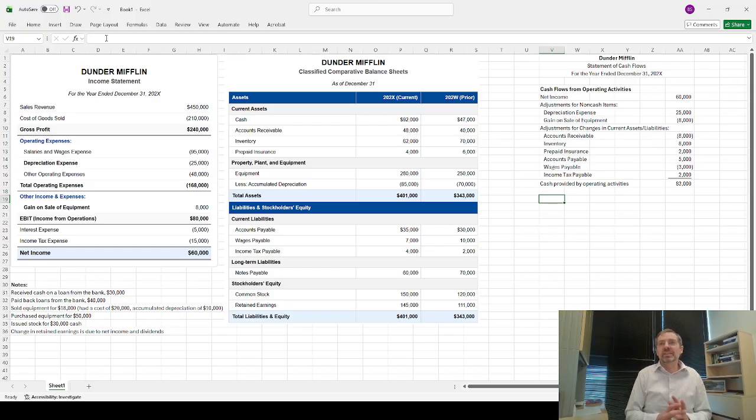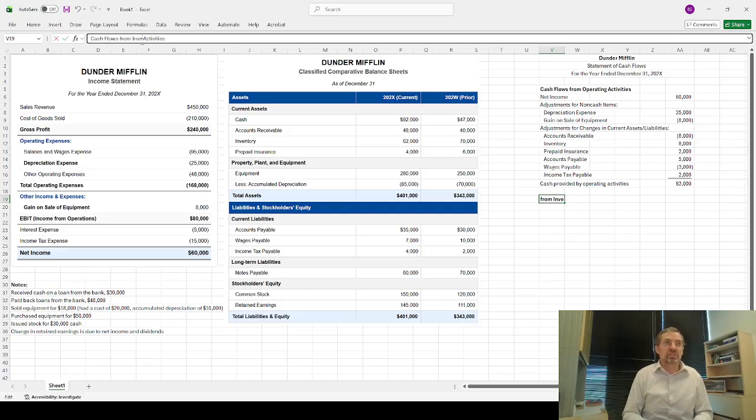All right, let's move on to the next section, and this would be cash flows from investing activities. Usually, these are just the property, plant, and equipment. It can include stocks and bonds and things that we invested in, like in other companies, but usually it's investing in ourselves, like buying buildings or buying equipment for future operations.